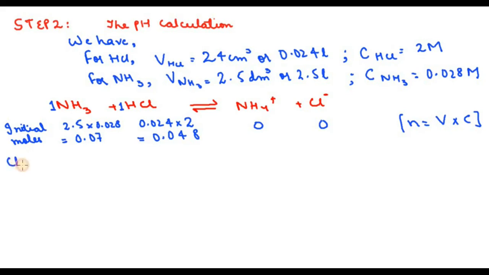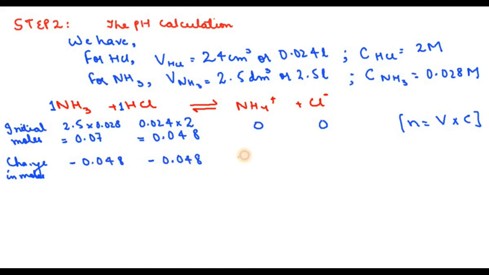So we could write the change in moles as minus 0.048 here and minus 0.048 here also, since HCl will be completely consumed in the reaction and the number of moles of HCl reacting will be equal to the number of moles of NH3 that is reacting.